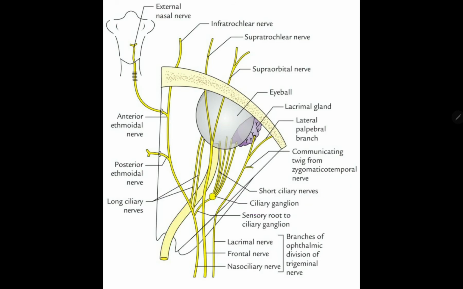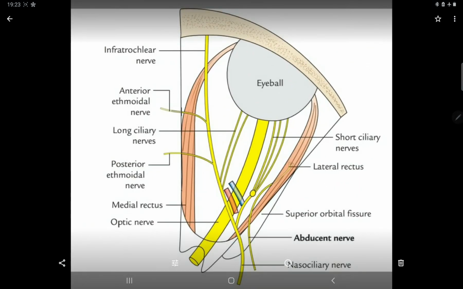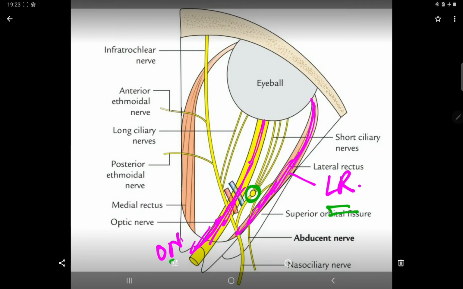And in this picture you can see clearly that this is the optic nerve, and the lateral rectus muscle also. This is the lateral rectus muscle, this is the optic nerve, and this is the ciliary ganglion, which is present in between the lateral rectus and optic nerve, near the apex of the orbit.